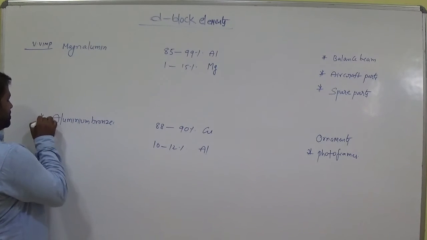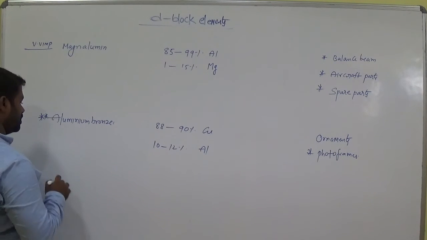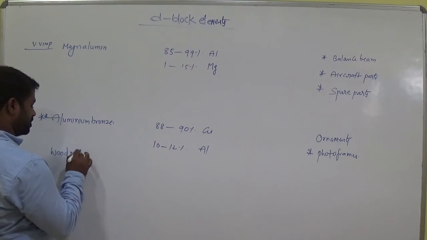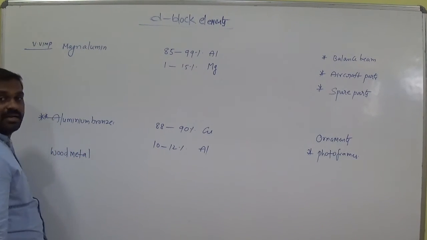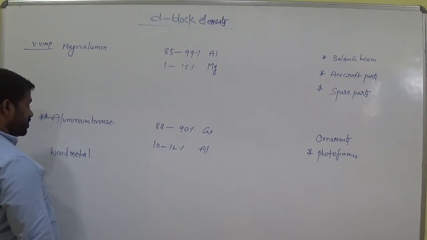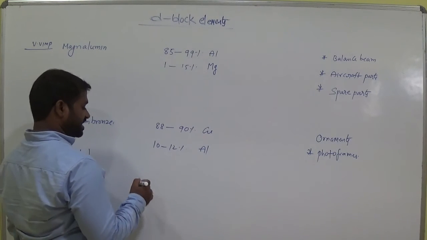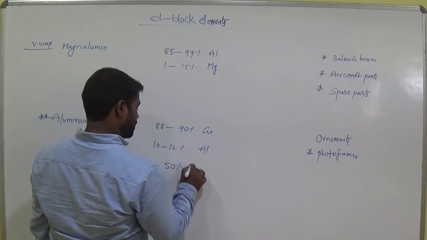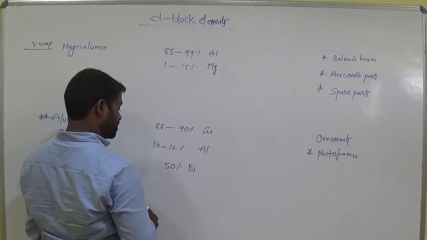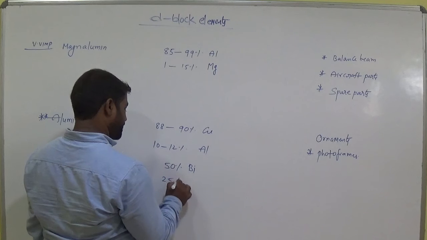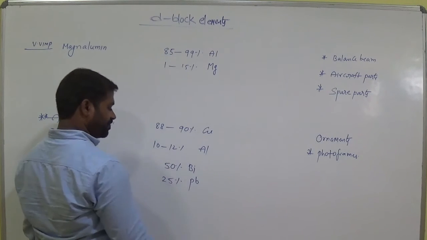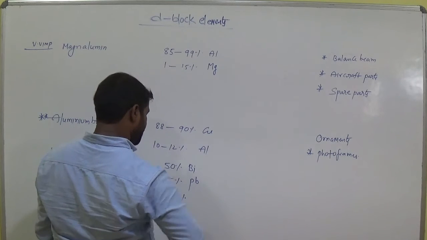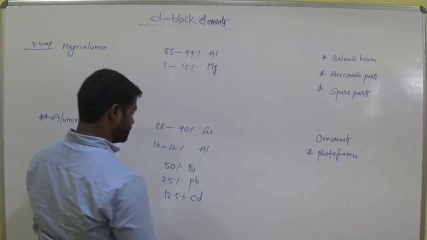And the next one is wood metal. Wood metal consists of 50% of bismuth, 25% of plumbum, Pb, and 12.5% of cadmium, Cd.